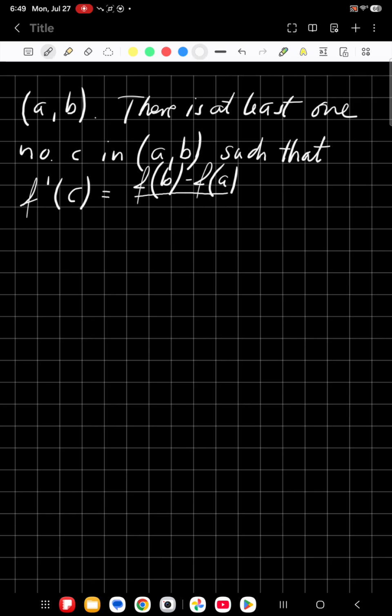I'll show it to you on the graph. So (f(b) - f(a)) over b minus a.